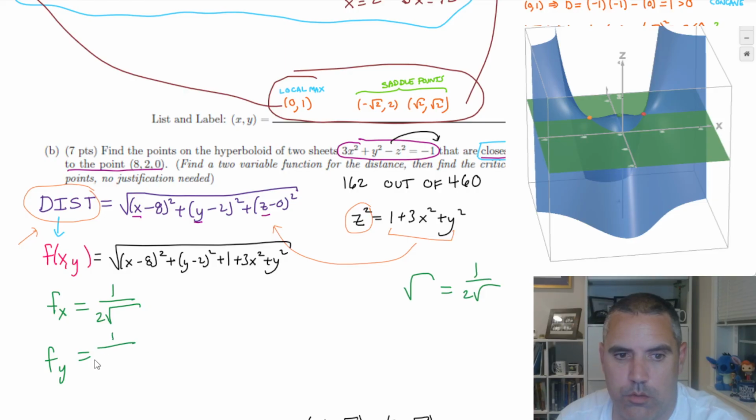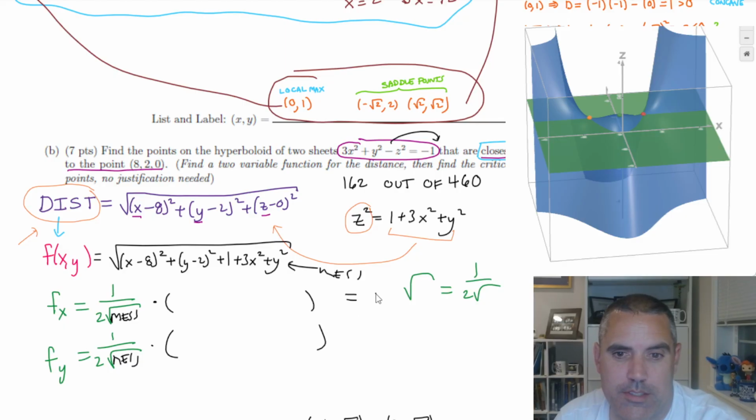In fact, when I mentioned this on the discussion board, I just said, you can label this mess as a single piece. The reason we don't care, as you saw in the homework, is you are ultimately going to set this equal to 0, and that denominator doesn't matter for doing that. You'll multiply both sides. So you really just had to solve this and this.